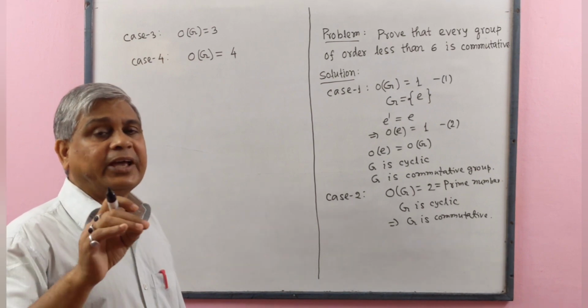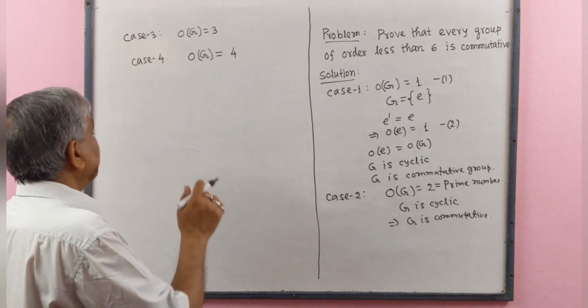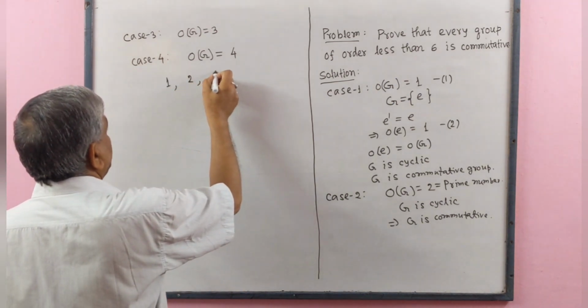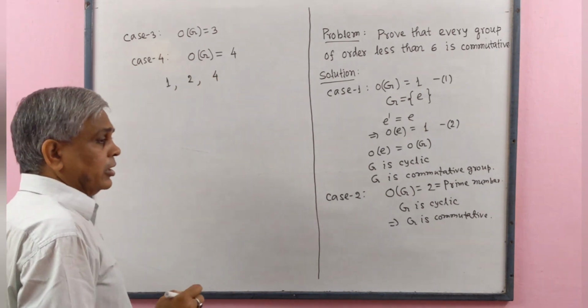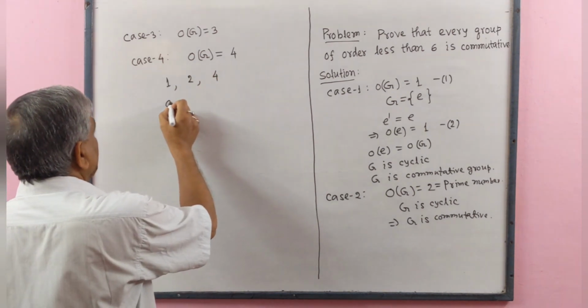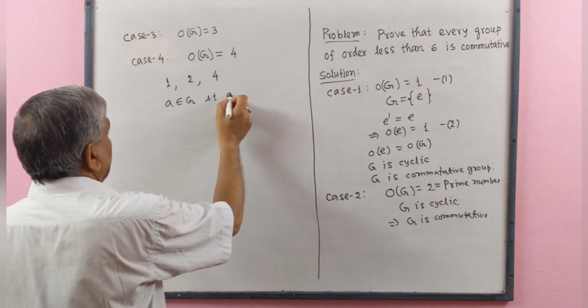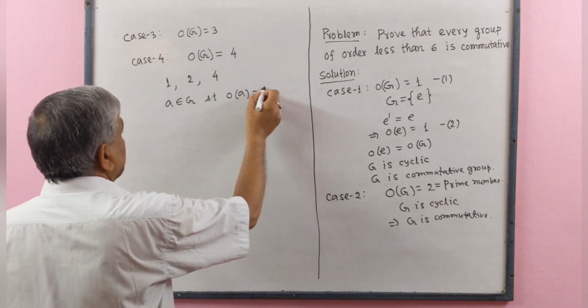Therefore, order of the elements may be 1, 2 or 4. Let a belongs to G such that order of a equal to 4.